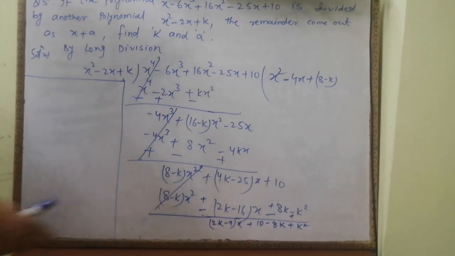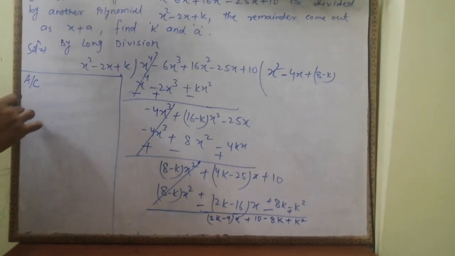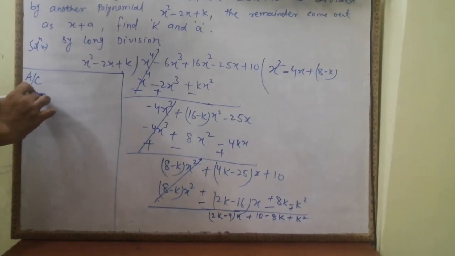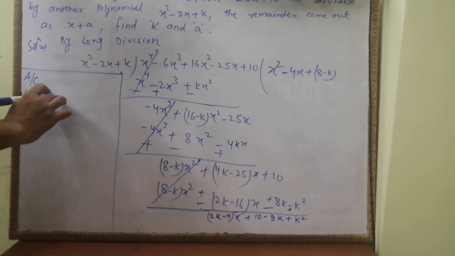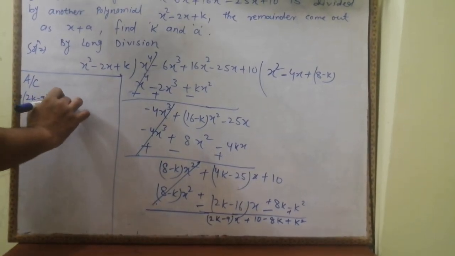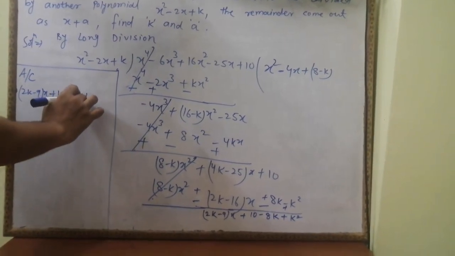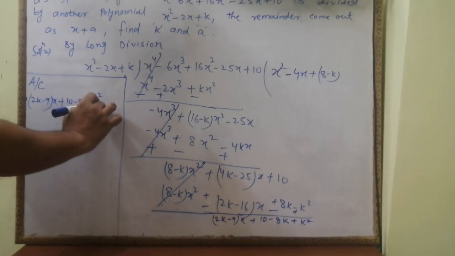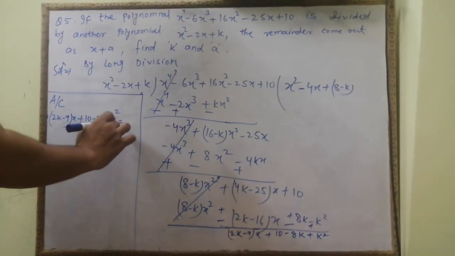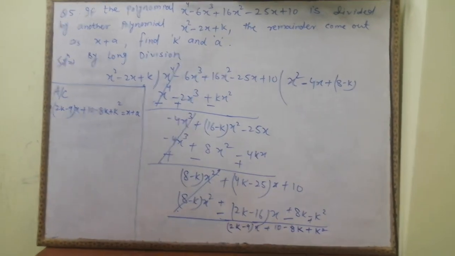After comparing according to the condition, we have 2k minus 9 under bracket x plus 10 minus 8k plus k square is equal to x plus a, because x plus a is our given remainder.